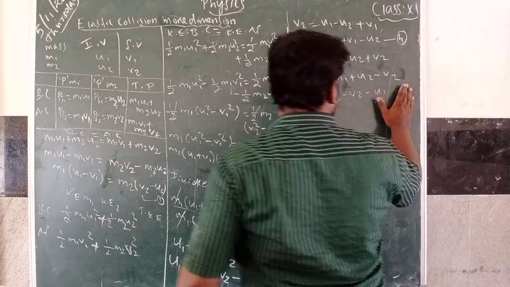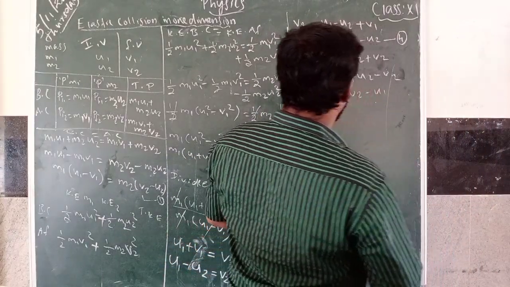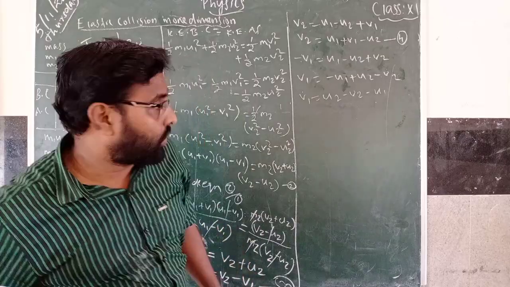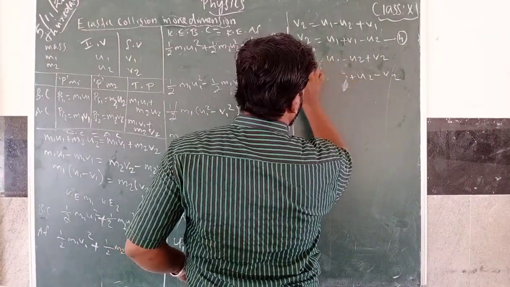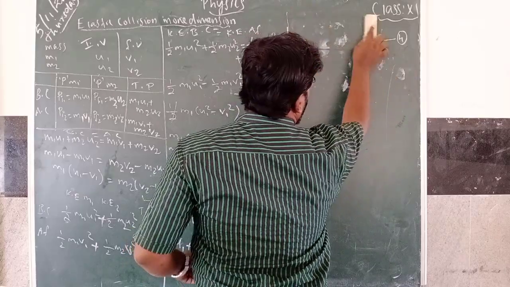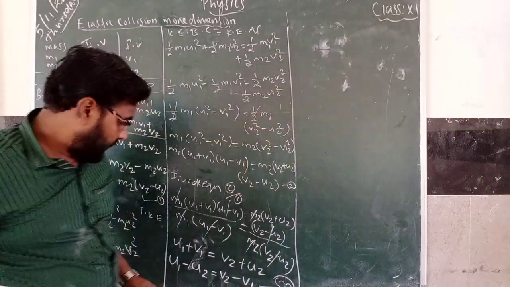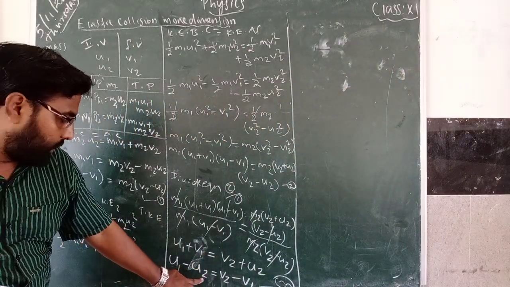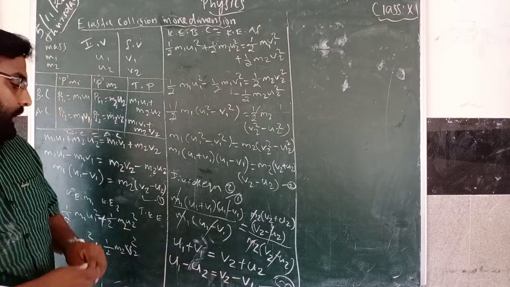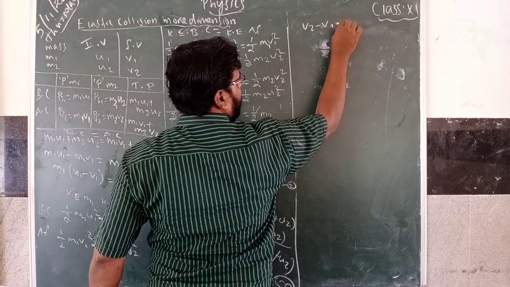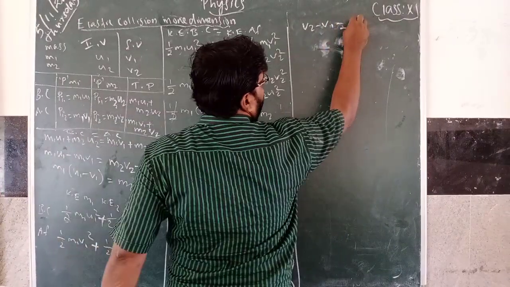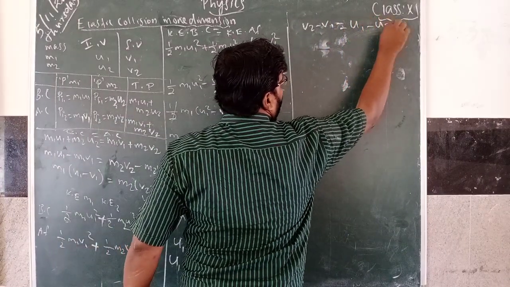Here is some mistake. First you have to find this from this formula, you can find v1 first. So v2 minus v1 is equal to u1 minus u2.